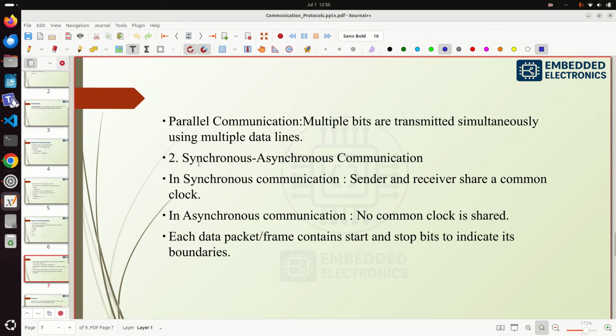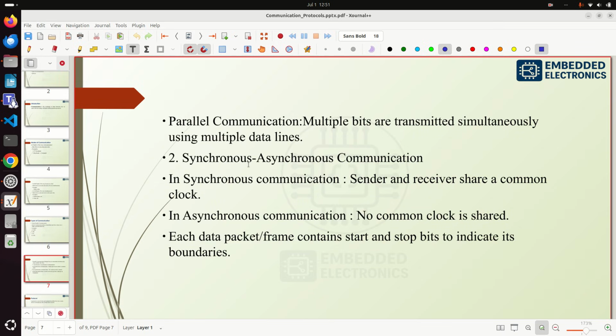Another type is synchronous and asynchronous communication. So what do you mean by synchronous? Here communication happens with respect to a clock pulse. For every clock pulse, a bit is transmitted. Sender and receiver share a common clock in case of synchronous. But in asynchronous communication, there are no clock lines.